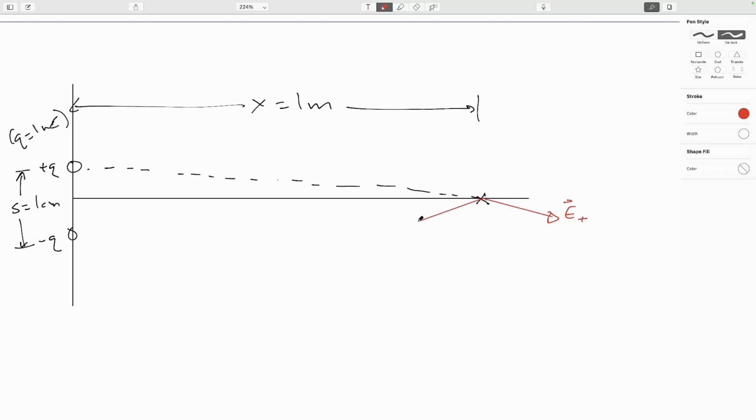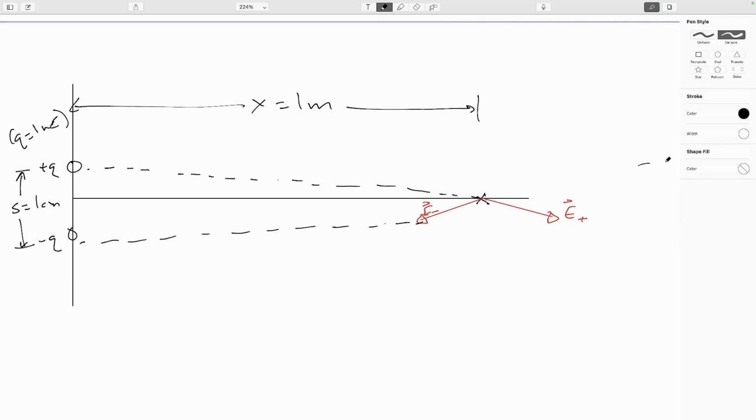And it'll be headed directly towards the negative charge if I can do decent art. I tried really hard. There we go. E minus, something like that. There we go. It's on the line that brings us to the negative charge.